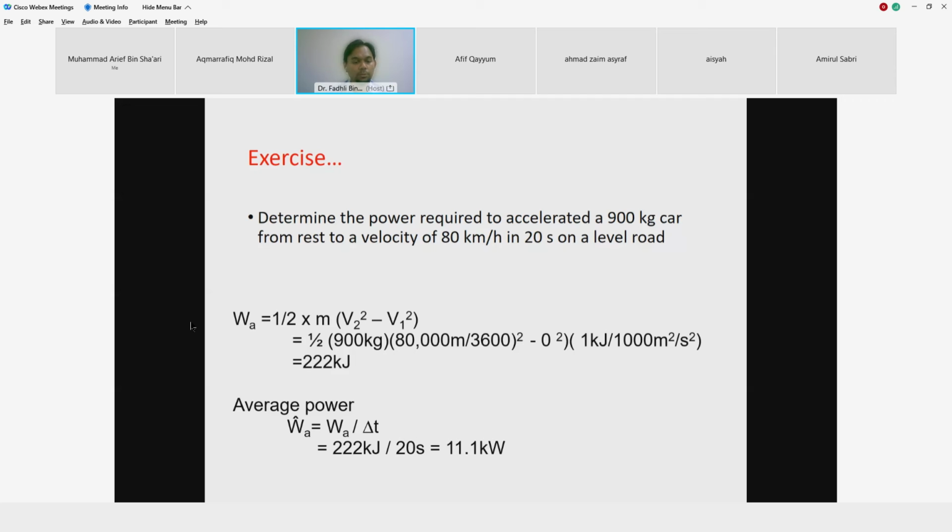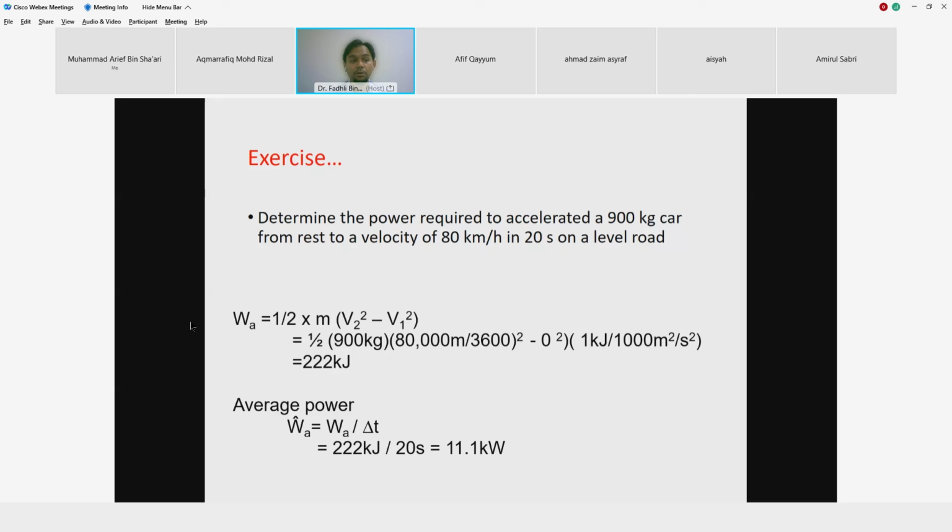So your car is moving from one position to another position. Work done is calculated by using this. But for this case, the velocity is not constant. Velocity 1 is 0 and velocity 2 is 80 kilometer per hour. In the first situation, as I described in the previous slide, the car has a constant velocity.